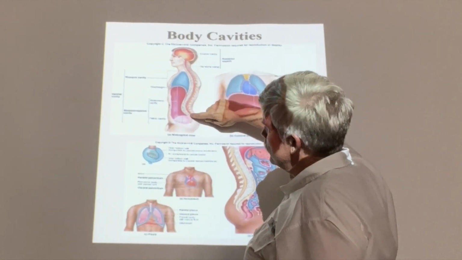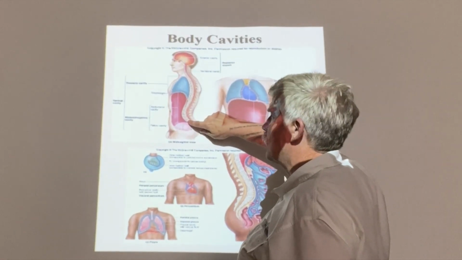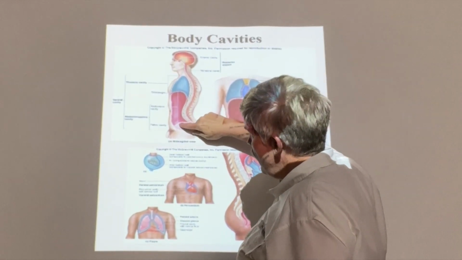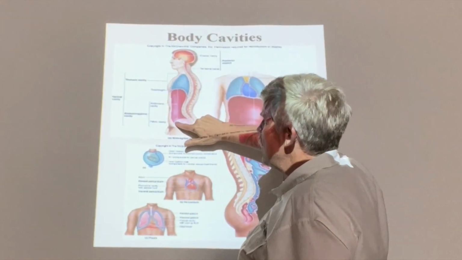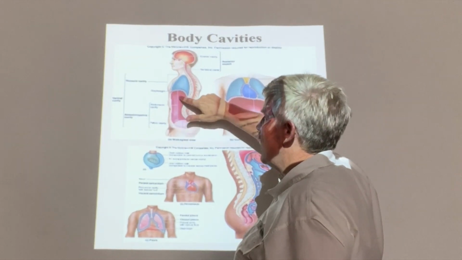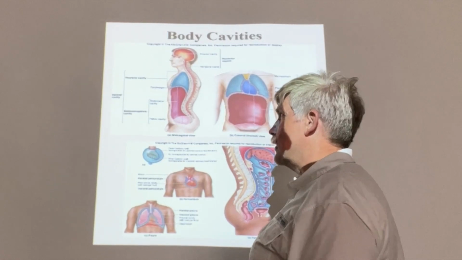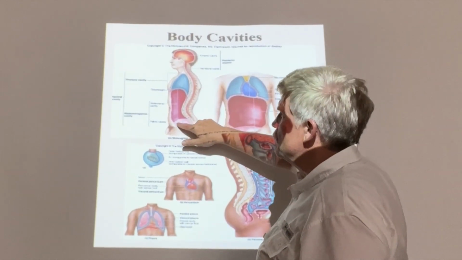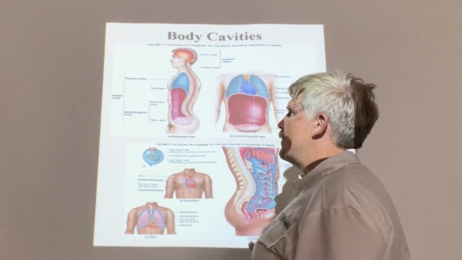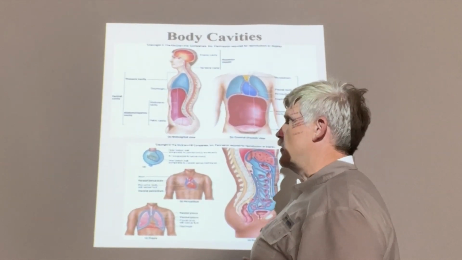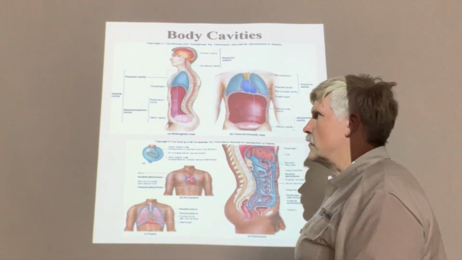So what we do is we take and we draw an imaginary line here from the sacral promontory down across to the pubic symphysis, and that imaginary border then divides the abdominal cavity, which primarily has the digestive organs within it, away from the pelvic cavity here, which primarily has either the organs of reproduction and or the organs that are associated with your urinary system.